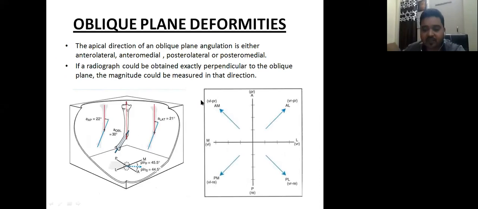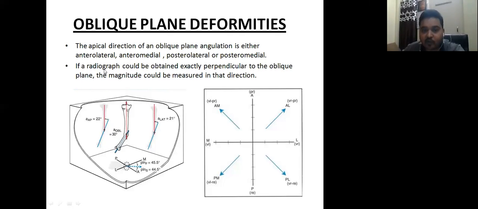Now, lastly, a combination of deformities could be present, like an oblique plane deformity. Oblique plane deformity means the deformity is present as a combination in both the coronal plane and the sagittal plane. So the apical direction of the oblique plane angulation is either anterolateral, anteromedial, posterolateral, or posteromedial, and we have to quantify that also.